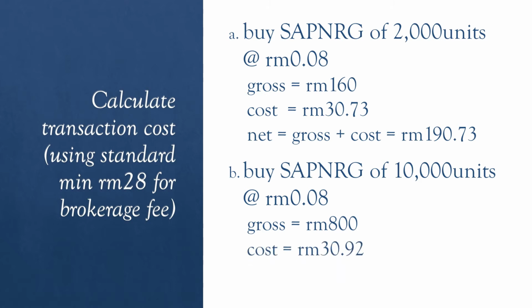Cost bersamaan dengan RM30.92. Net dikira bersamaan dengan gross tambah cost, iaitu kita akan dapat ringgit Malaysia 830.92. So meaning the more units you buy, your net cost will be higher.